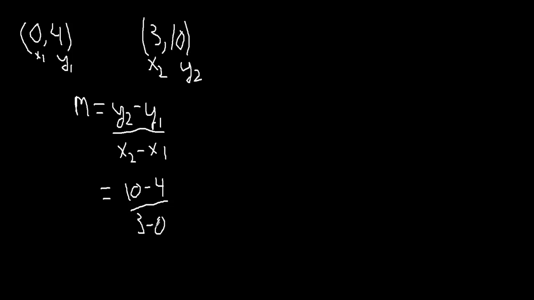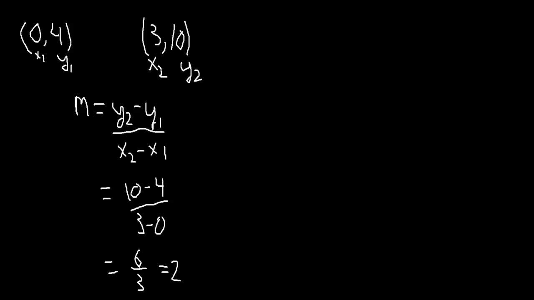So we have 10 minus 4 divided by 3 minus 0, which is 6 divided by 3. So that means our slope, or m value, equals 2. And with y2 minus y1 and x2 minus x1, we're basically finding the difference between the two y coordinates and the two x coordinates. So basically, we're finding the change in y and the change in x.